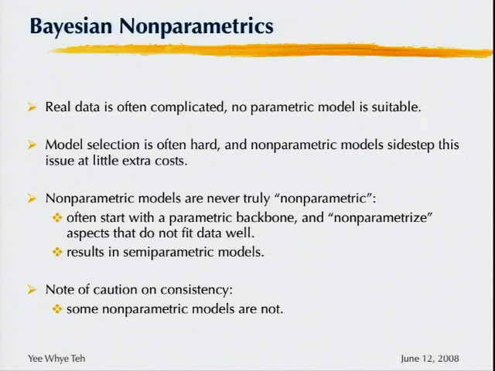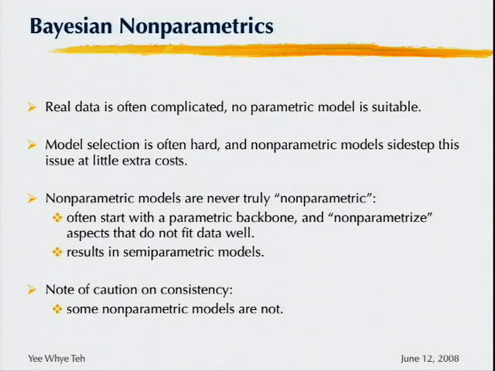So you do want to move to non-parametric models. A second reason for using non-parametric models is that if you use parametric models, you often have to contend with this issue of model selection. So in the case of mixture models, how many mixture components are there, right? It turns out that model selection is a very hard question if you look into the literature, and non-parametric models sidestep this issue at little extra cost.